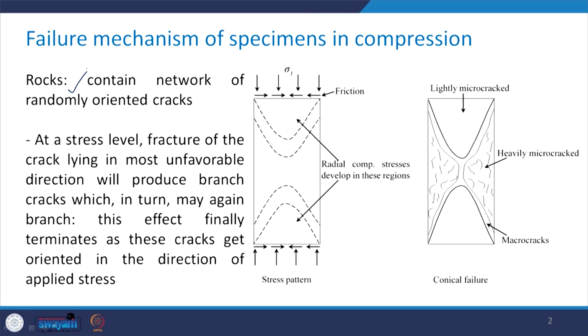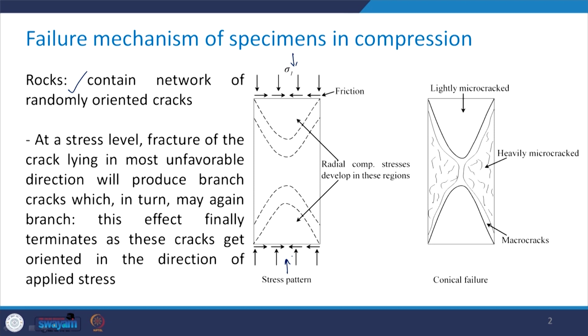So what happens when we apply the first increment or the initial increments? The cracks are oriented randomly, so their orientation is in all the directions. Now the loading is applied in the axial direction, which is vertical here. So what will happen in the initial phases of the loading?